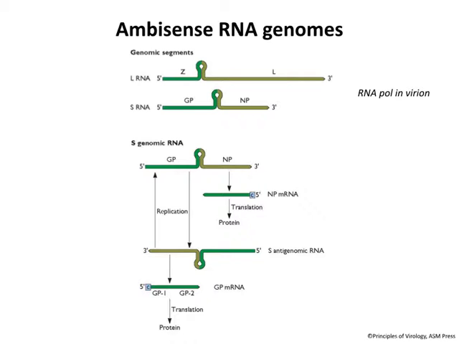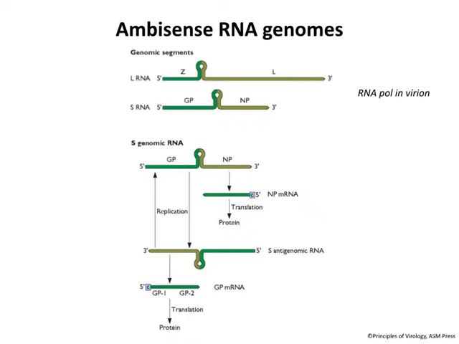Because even though this green protein Z can be translated when this RNA gets in the cell, this doesn't do the virus any good. It's not a polymerase. So the virus could not replicate if only this Z and this glycoprotein mRNA were translated. So in fact, what happens when you get into cells, the virion polymerase copies this segment to make an mRNA for the L protein.